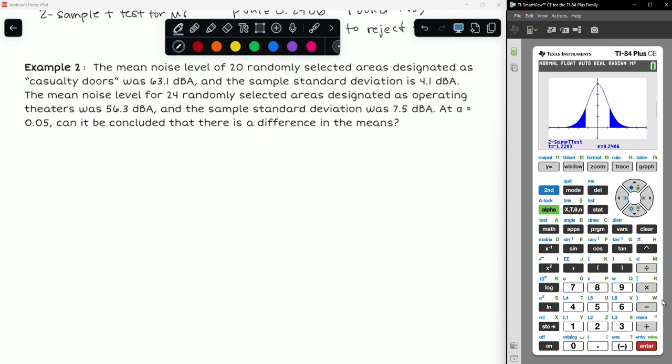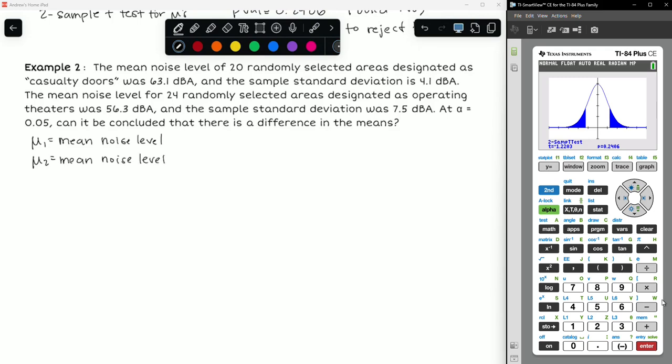So I'm going to go ahead and define the means that I'm asked about in the question. So I'm looking at mean noise level in both cases. And the only difference is where in the hospital I'm measuring these levels.